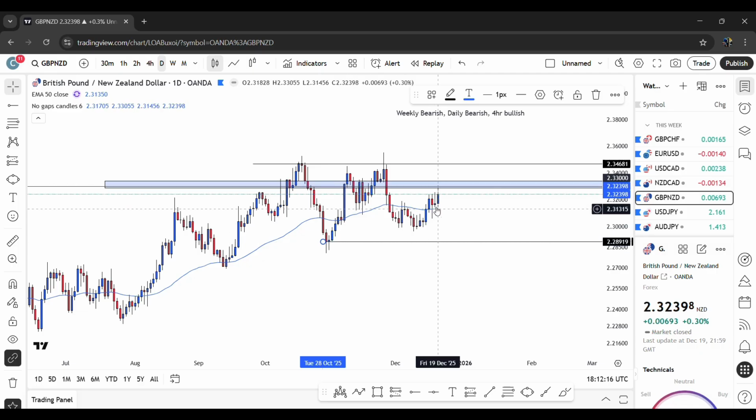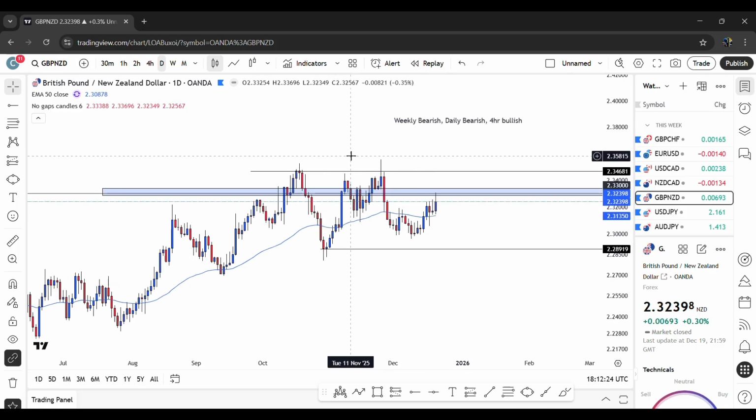Price has not broken any one of these lines, so the price is still in between, and that's why the daily is still bearish. If you look at the closer picture, then you will be wrong, because you might consider daily bullish, but it's not, it's still bearish.